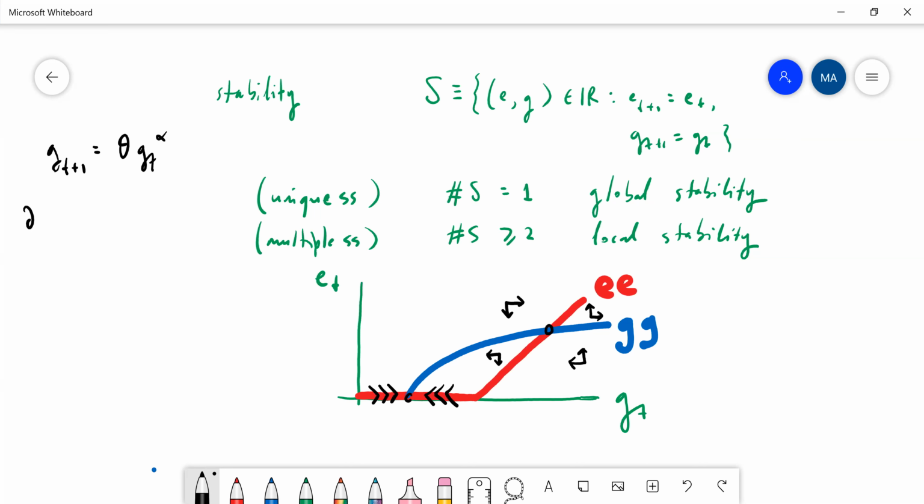So what you want to do is look at the derivative of the difference, G(t+1) minus G(t). You want to understand how this changes when you have a change in, let's say, G(t).